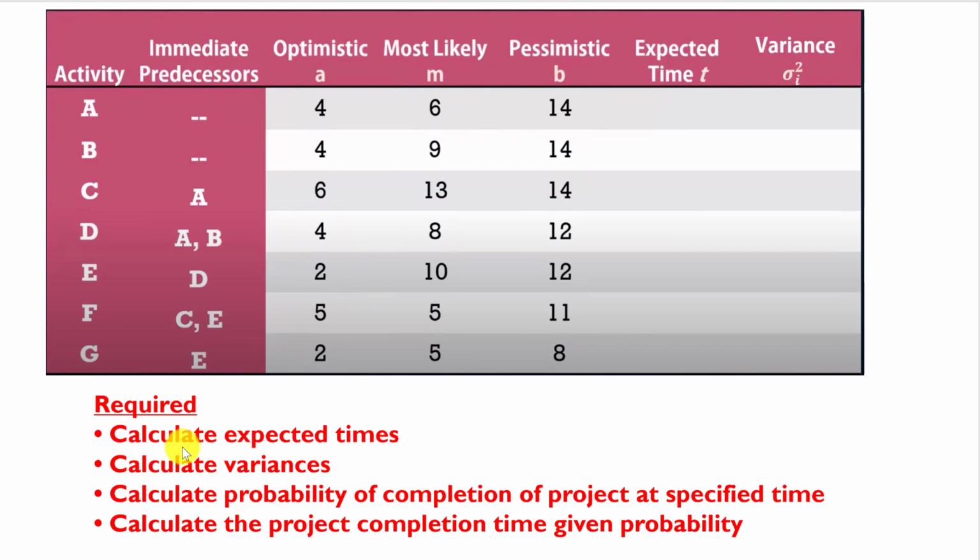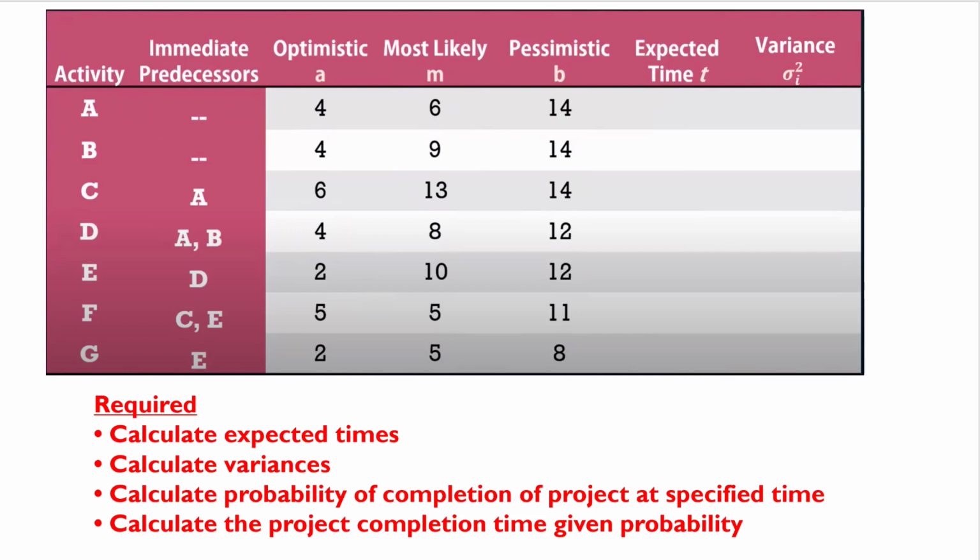The first one, calculate the expected times. Number 2, calculate variances. Number 3, calculate the probability of completion of the project at a specified time. And the last one, calculate the project completion time given a probability.